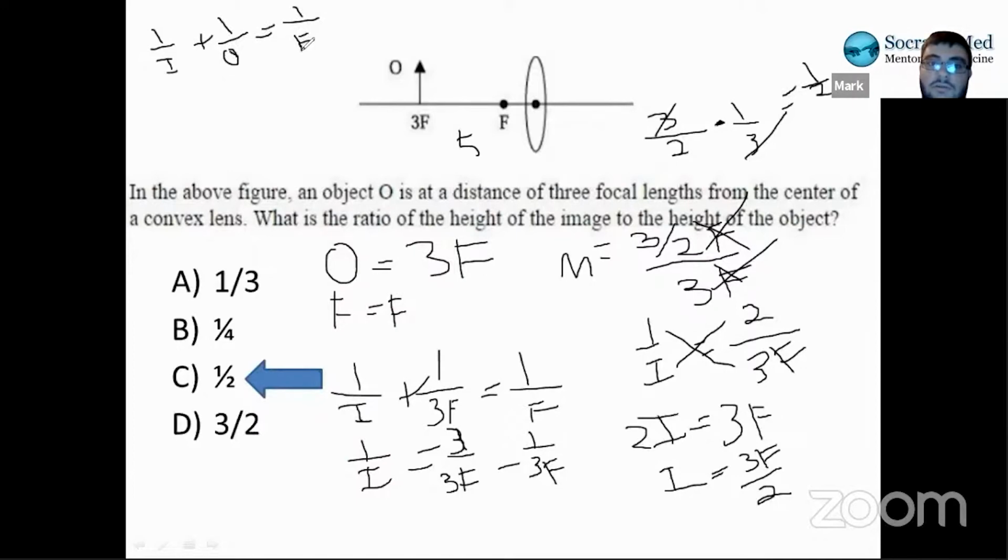This is the first thing you do. The other equation is this one, M equals -I divided by O. If they give you a lens or mirror problem, know that you're using one or both of these equations, and then just look at which variables they're giving you and which variables they're asking you for, right?